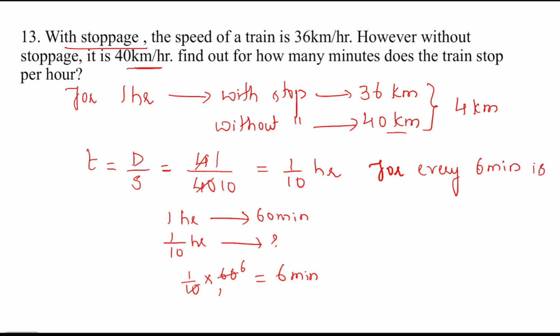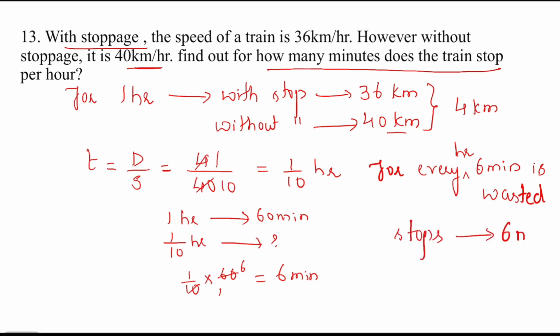That means 6 minutes is wasted for every hour, isn't it? So for every hour the train stops for 6 minutes. Find out for how many minutes does the train stop per hour. So for every hour the train is stopping for how many minutes? For every hour the train stops for 6 minutes.